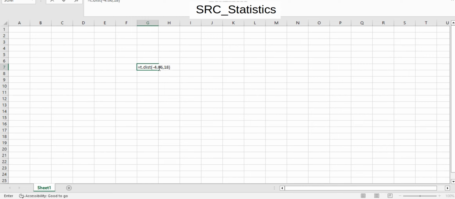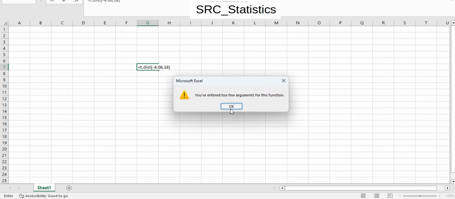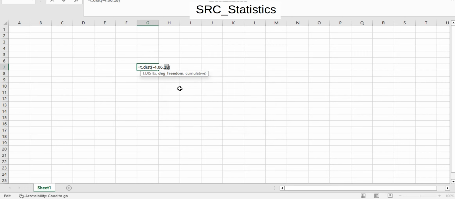Okay. This will give us the p-value. Put enter. Okay. Sorry, one more thing, this cumulative value. Since this will give the left side area, you have to put that cumulative is true and then put enter. So this is our p-value.